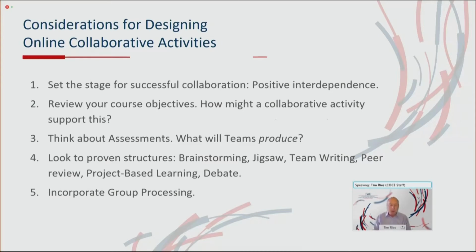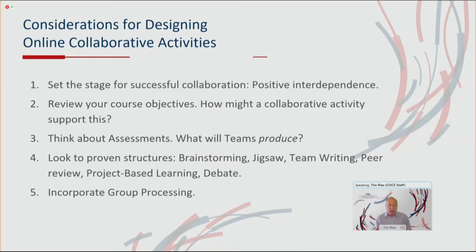Also think about some proven structures that you may already be familiar with, things like brainstorming, the jigsaw structure of collaborative learning. You might be familiar with that. Team writing, peer review. All of these things have been used in the classroom for a long time, but with some slight modifications, they can very easily be adapted to online activities.